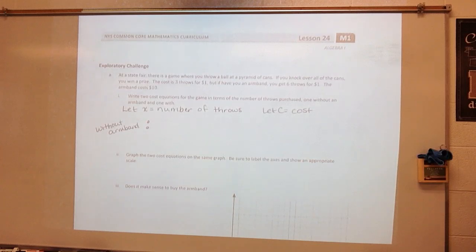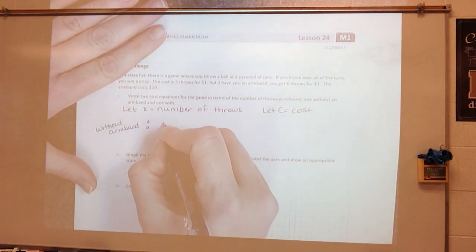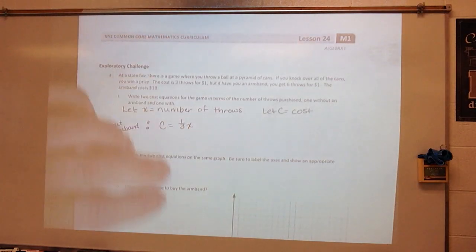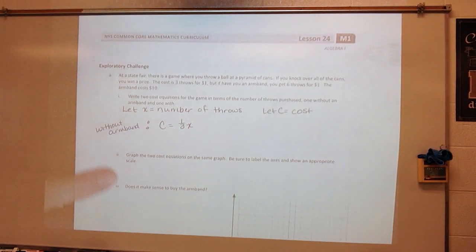Now, here, I need to figure out what it would cost for 1 throw. So if it's 3 throws for $1, then I know that 1 throw will cost 1/3 of that. So C is equal to 1/3 X. Alright?